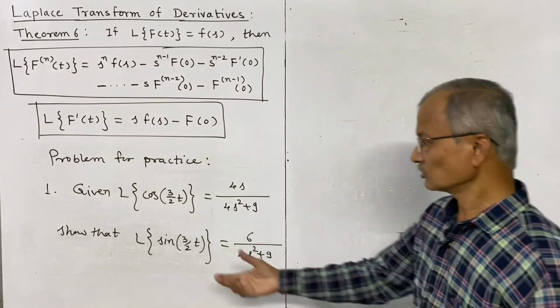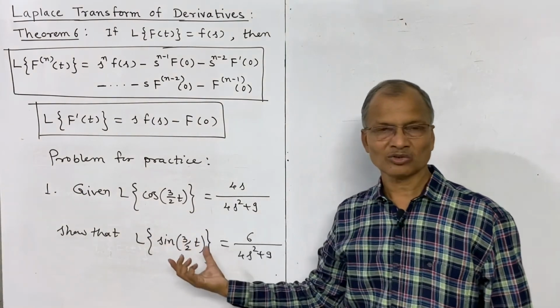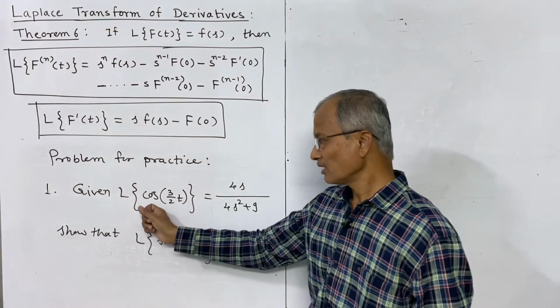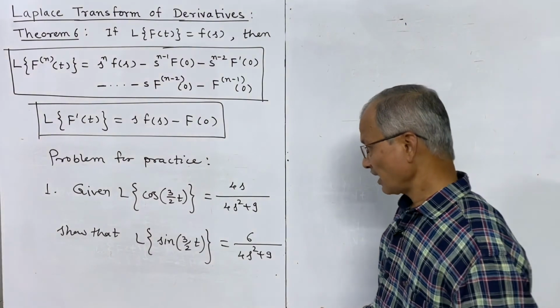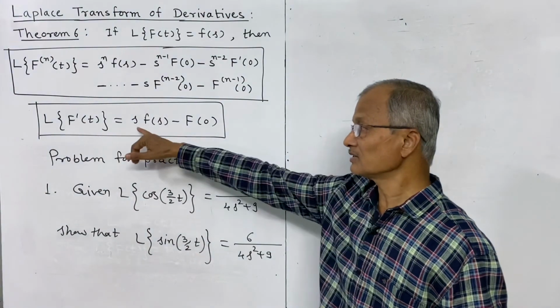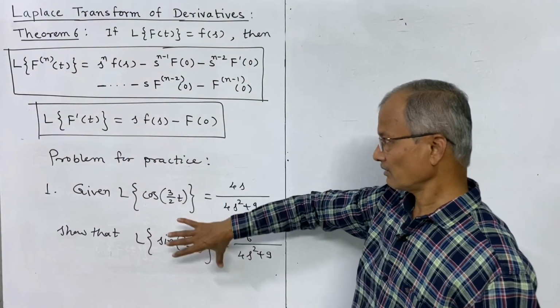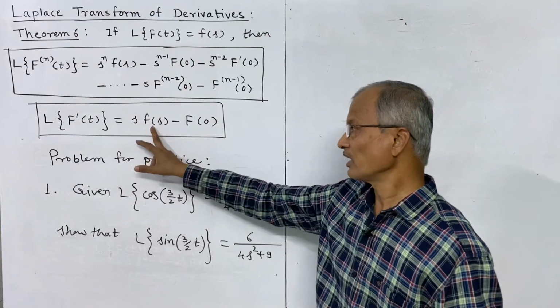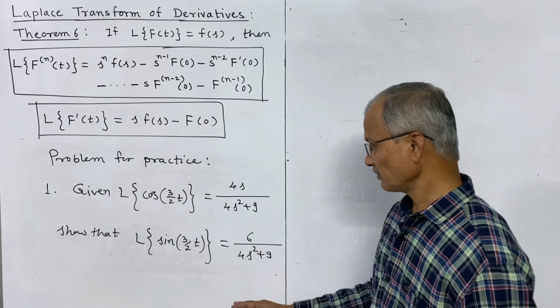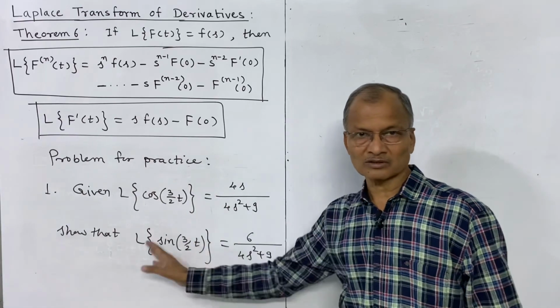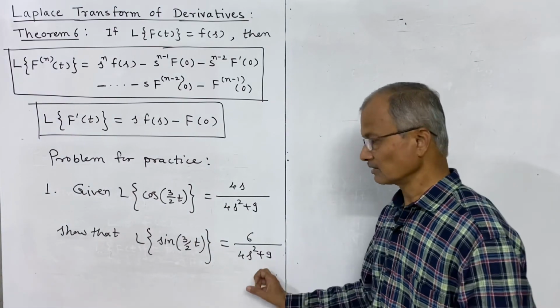So take this function as f of t, write f dash of t. What will be f of 0? The cos of 0 will be 1 here, that is to be noted. And then write this result, put the values on both sides. Value of F of s is this one, and f of 0 is 1, and then simplify, eliminate the constants on either side, you will get this result.